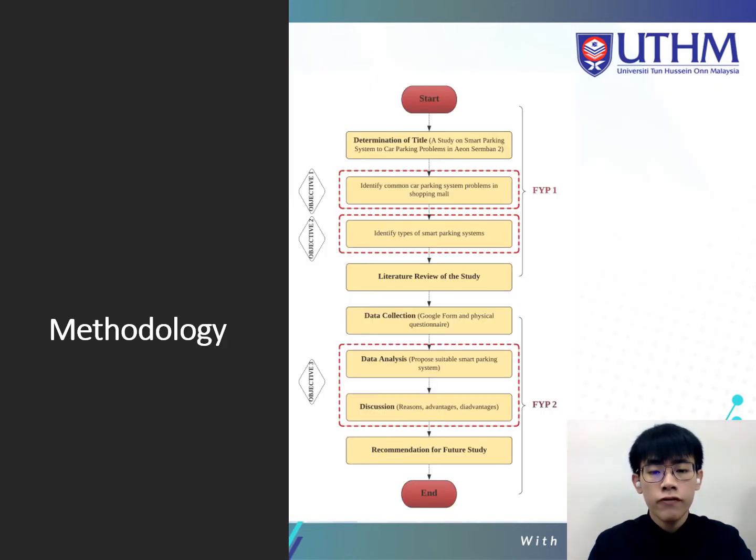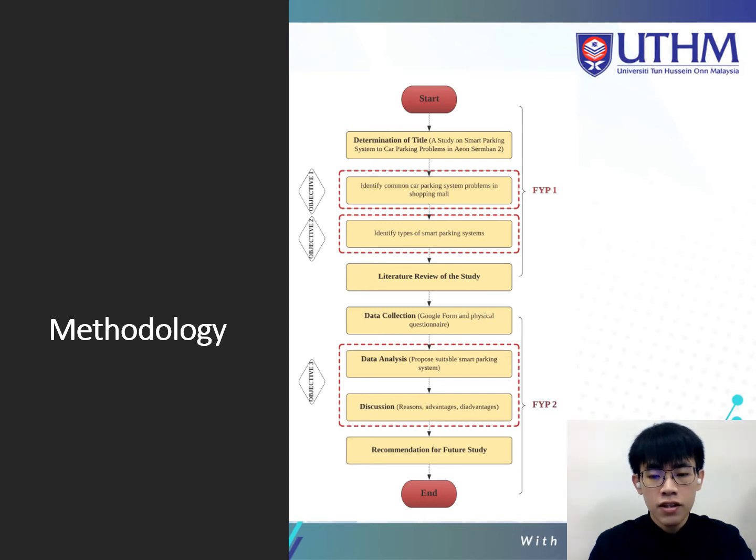The main purpose of developing a flowchart is to be a guidance for this study so as to have a clearer direction on what is going to be done next in order not to waste any unnecessary time. Basically, this entire study will be divided into two major components, which are FYP1 and FYP2.